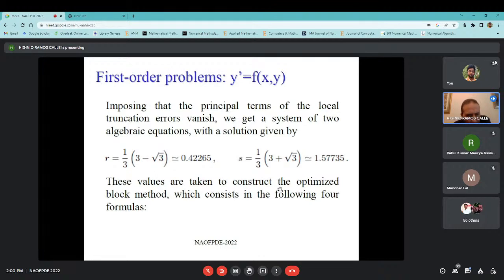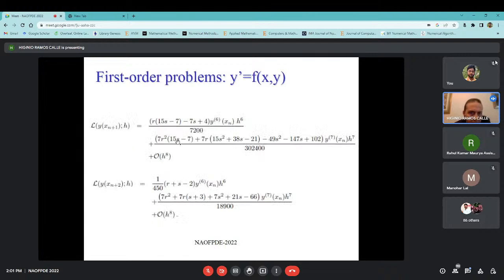So these are the optimized values for this block method. Optimized in this case means that the approximations at the grid points have errors of higher order, because if we take those values, the principal terms in the local truncation errors vanish.